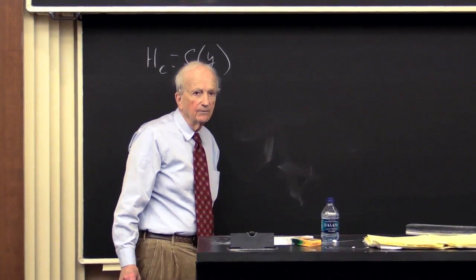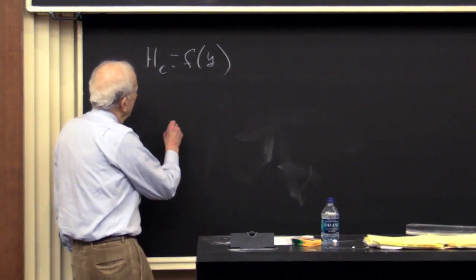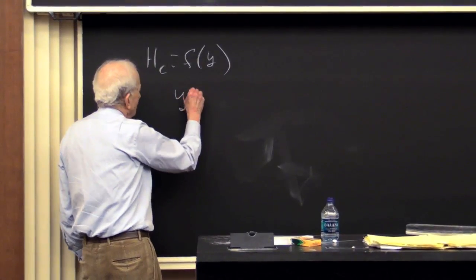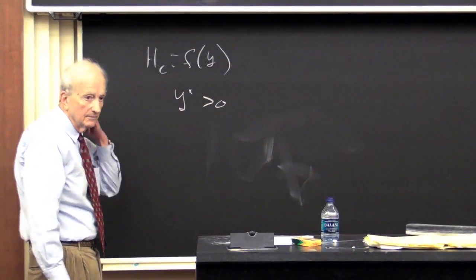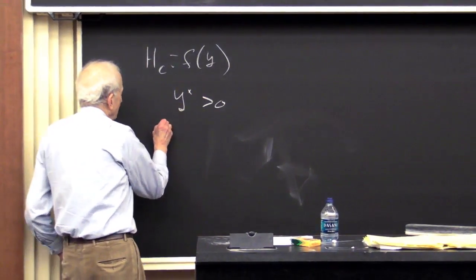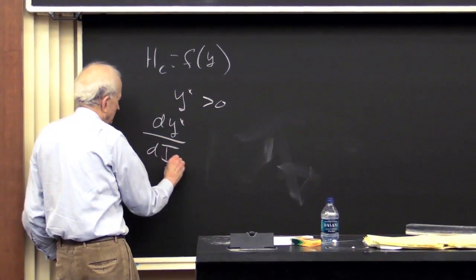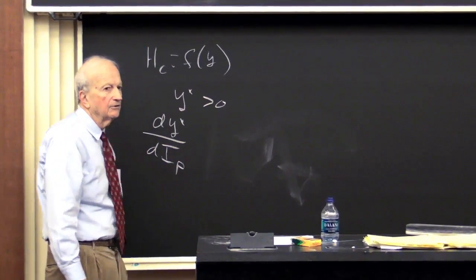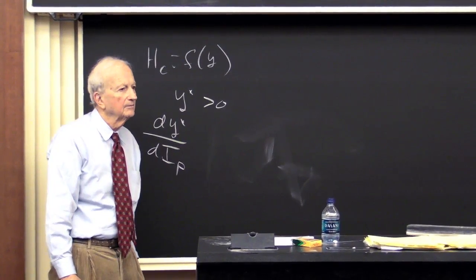Now what do we know in that model? Well, we know that, first of all, y star is strictly greater than 0 for all families. We also know, what do we know about this? What's the sign of that? Anybody?